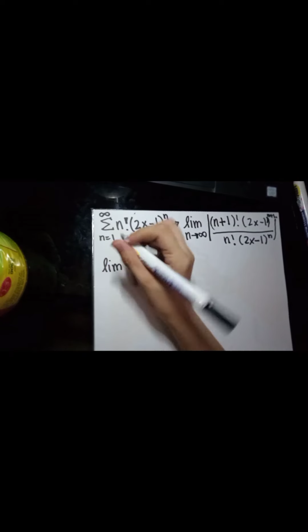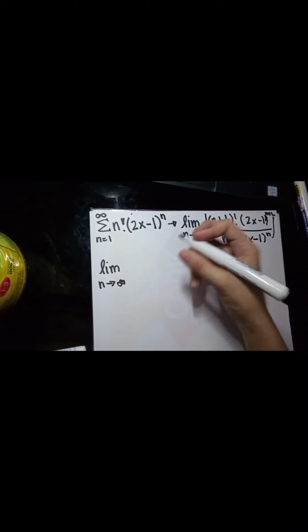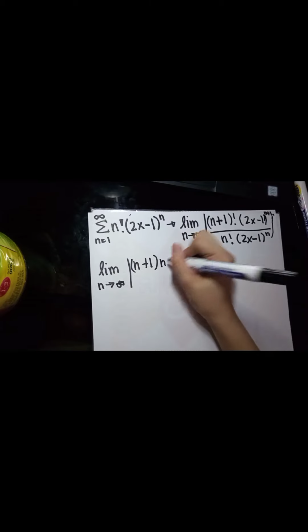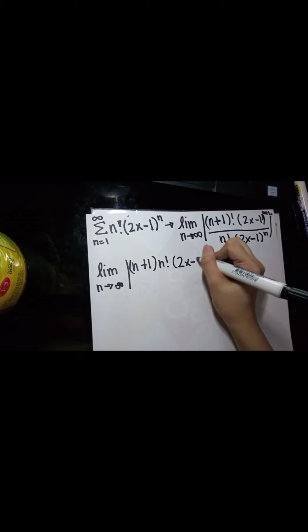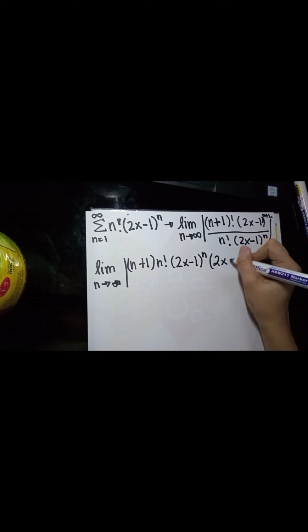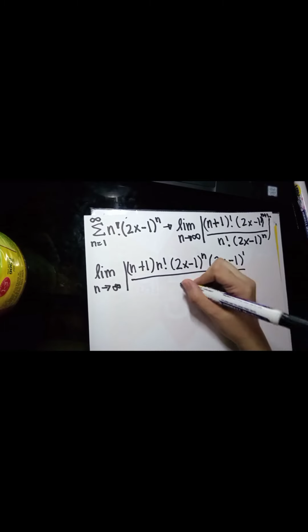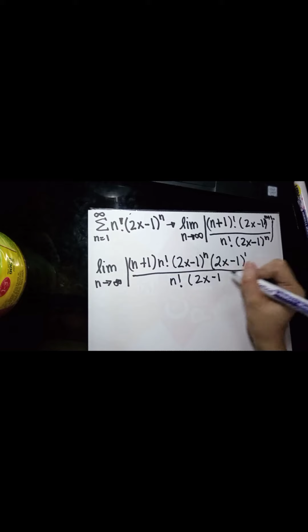So the limit as n approaches infinity. n plus 1 factorial, we can write that as n plus 1 times n factorial, times 2x minus 1 raised to n plus 1, over n factorial times 2x minus 1 raised to n.